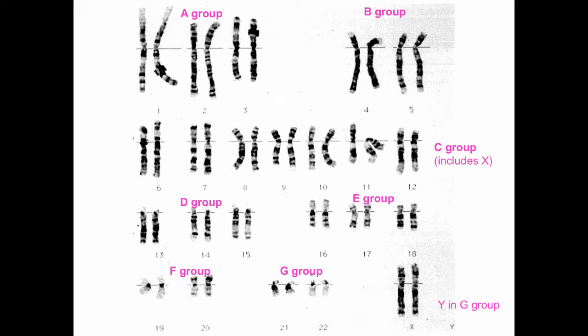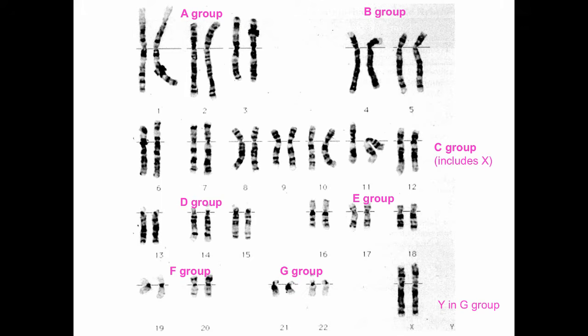And when you do that, you can arrange the chromosomes into distinct groups. So we talk about the A group, which is chromosomes 1, 2, and 3. The B group, chromosomes 4 and 5. The C group, which also includes the X chromosome. The D group, the E group, the F group, and the G group.